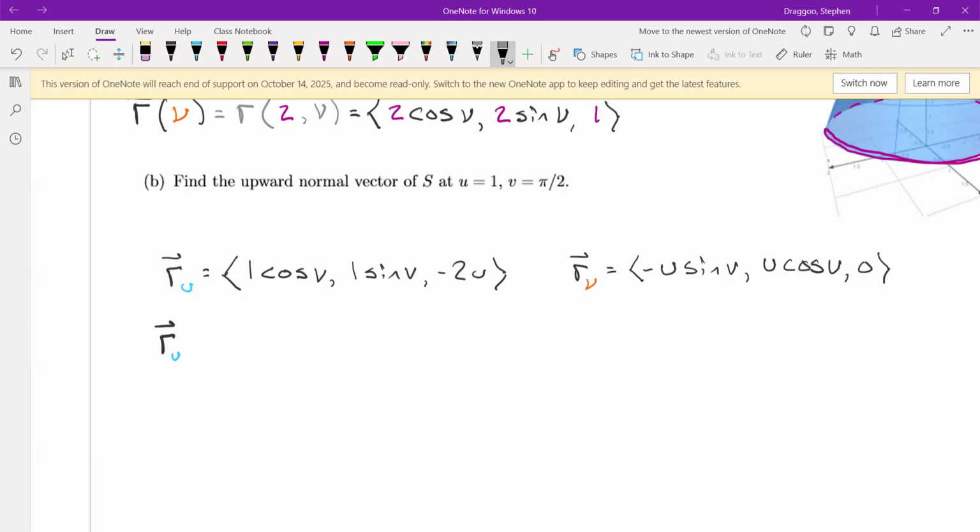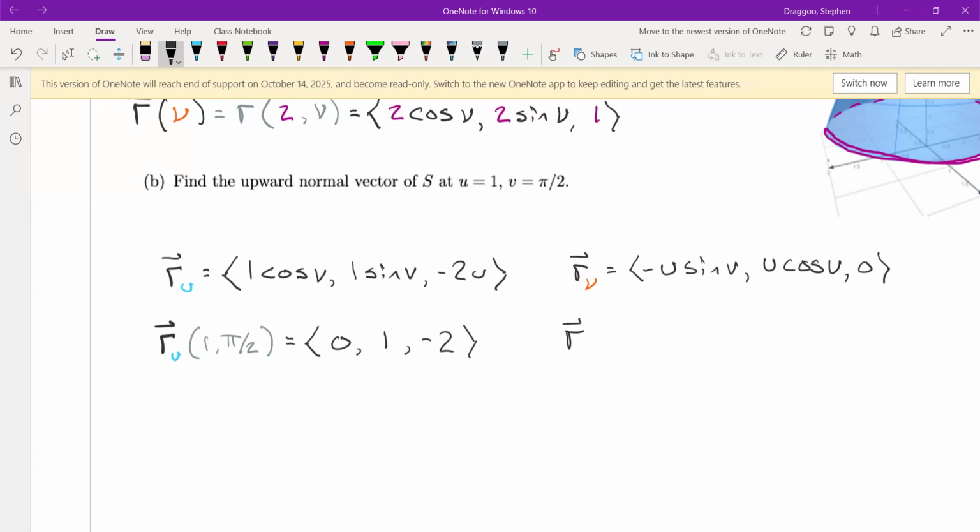So I am looking for r partial u evaluated at 1, pi over 2. And it is going to give me the vector. Well, cosine of pi over 2 is 0. Sine of pi over 2 is 1. And negative 2 times 1 is negative 2.